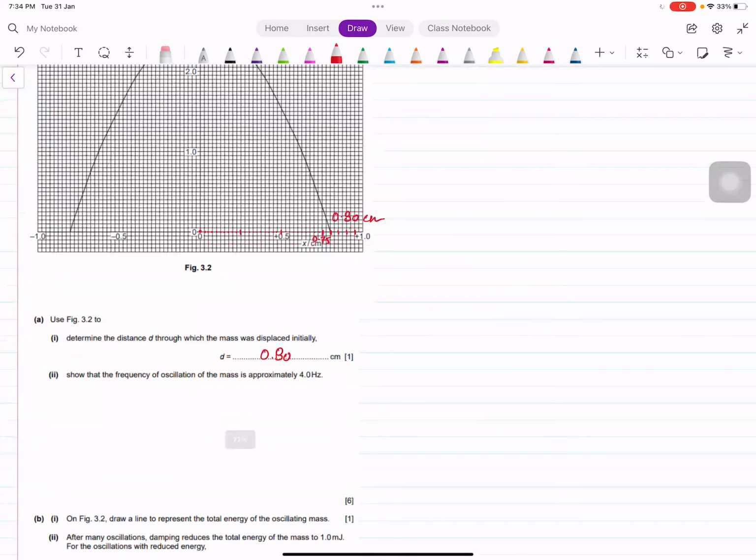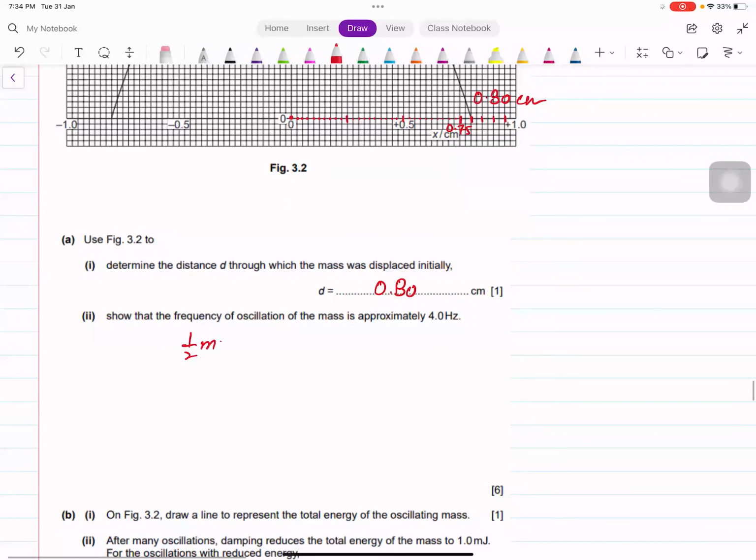So 0.80 centimeters. Now, half m omega square x naught square is the total energy.